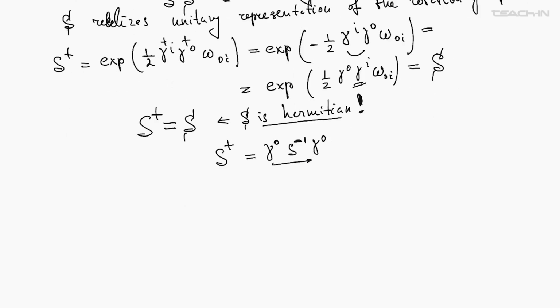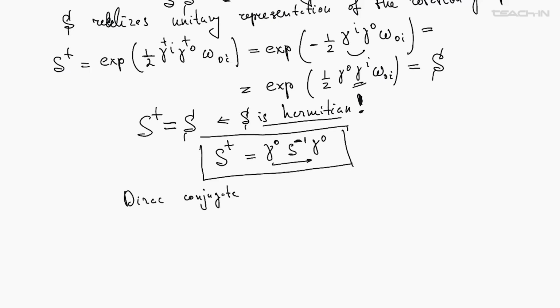Both together, these hermiticity properties are encoded in one formula, which looks like this. And in fact, this formula motivates us to introduce the notion of a Dirac conjugate spinor. The Dirac conjugate spinor is defined as follows.